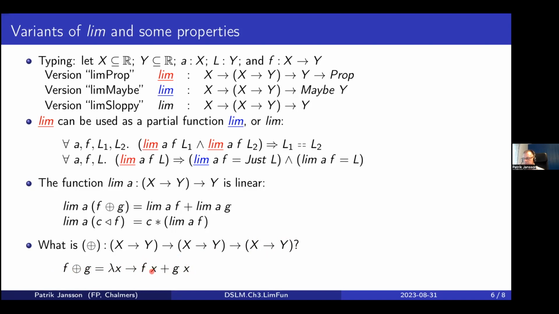So f of x is a real number, g of x is another real number, and the sum is a real number. And those are all of type Y. So this local lambda expression is the definition of the ⊕ for f and g. So in that way, we can add functions on the left-hand side and add normal things on the right-hand side.